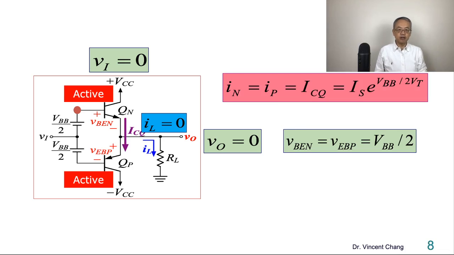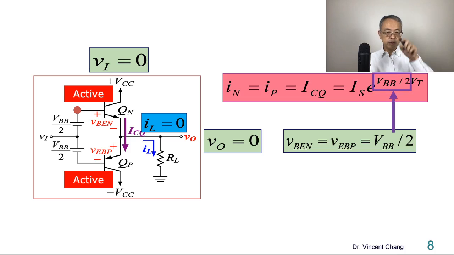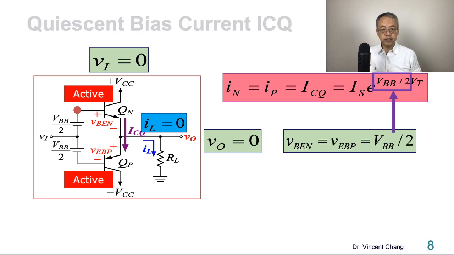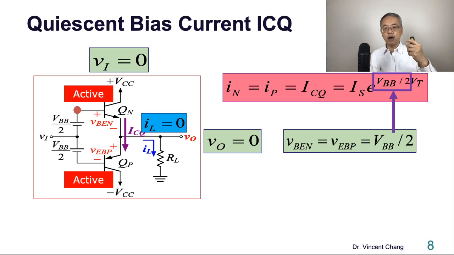Based on the exponential relationship between IC and VBE, you can simply plug half VBB into the VBE part. IS exponential VBE divided by VT. So you can get these two currents. This current is what we call the quiescent bias current, denoted by ICQ. Q means quiescent.